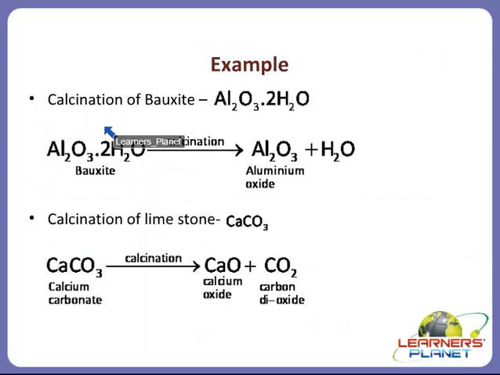Let's take this example: calcination of bauxite. Bauxite is Al2O3·2H2O. It is an ore of aluminium. This bauxite is heated in the absence of air in a reverberatory furnace, and we get aluminium oxide and water.